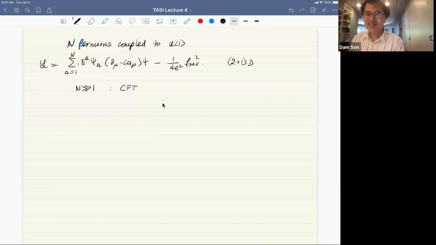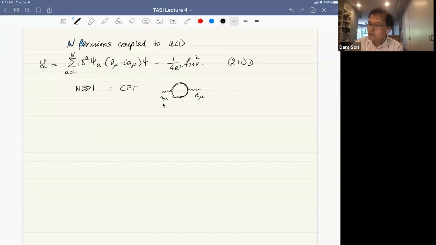Why is n large? Large n makes the theory more understandable. We can think about the radiative correction to the propagator of the A field.